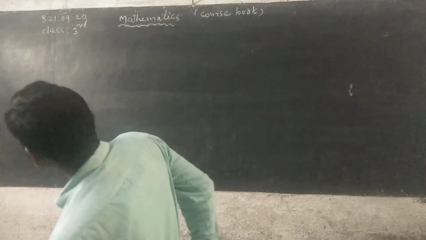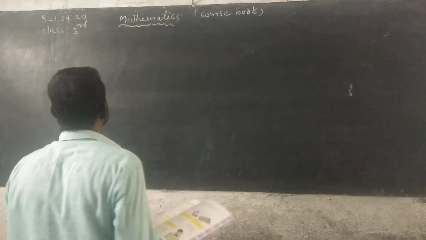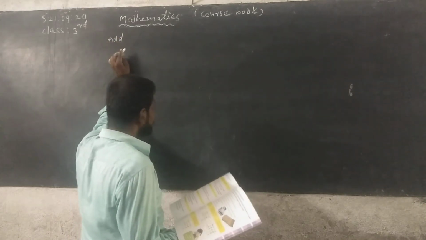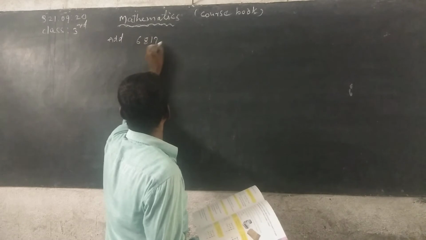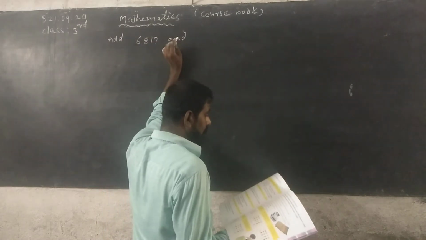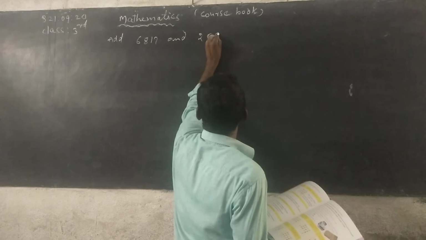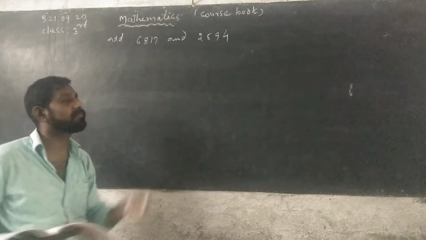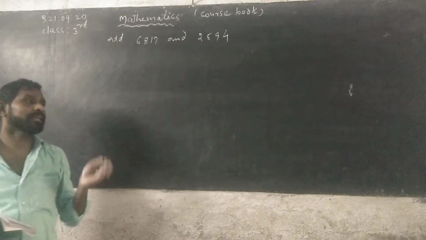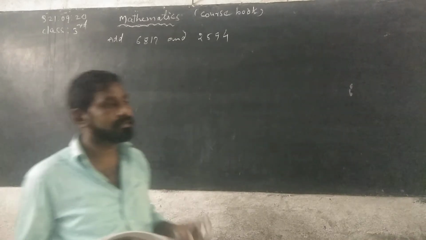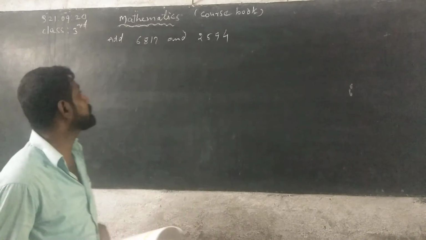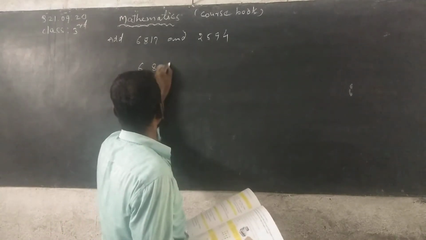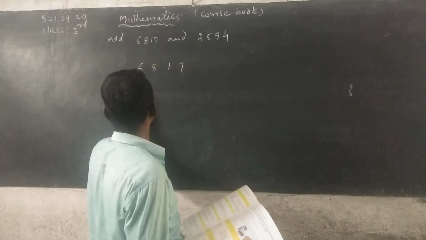Add 6,817 and 2,594. First of all, write the given two numbers column wise, according to their places, means ones, tens, hundreds, thousands. You can write 6,817.